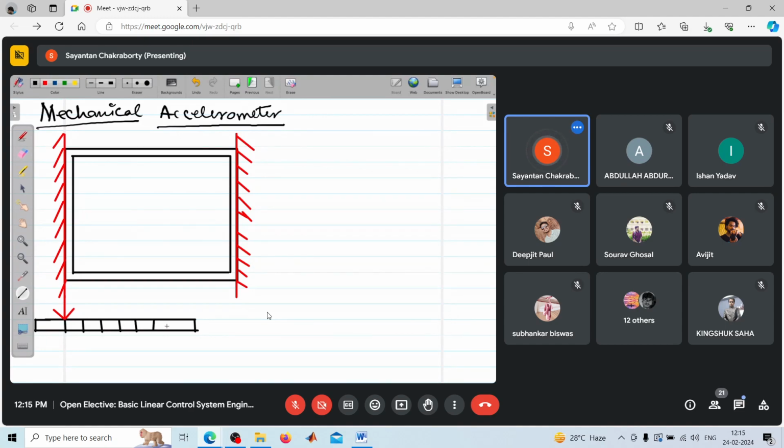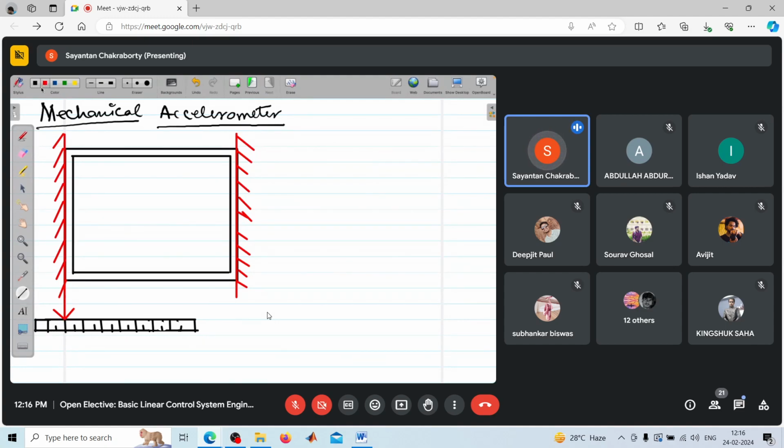There is a scale for the measurement, and this side also you may have this.